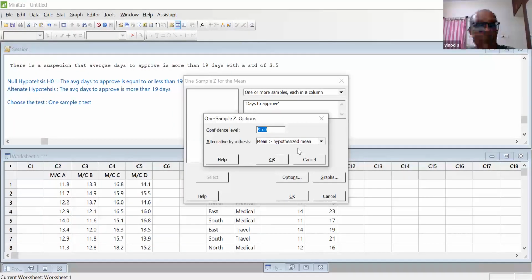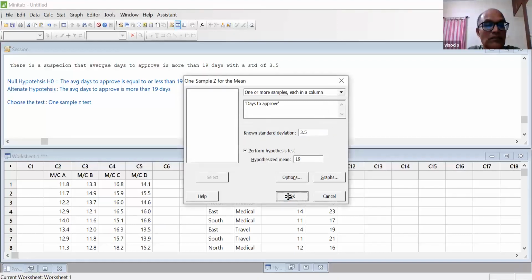The option is that the mean is greater than the hypothesized mean. This is our alternate hypothesis: the mean is more than 19, right? Now at 95% confidence level, everything is clear. Now you have to say OK and OK.